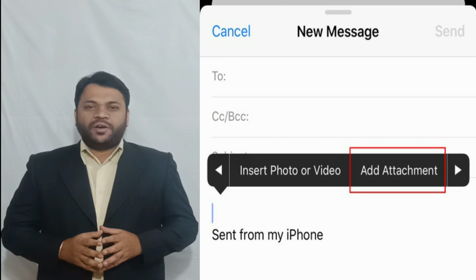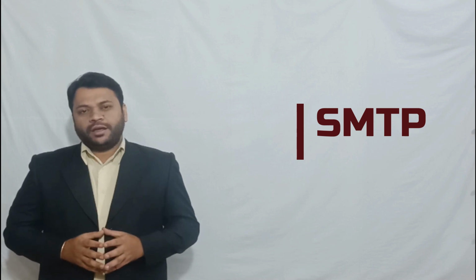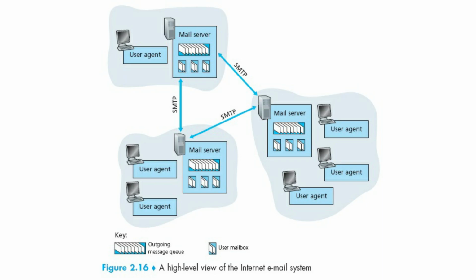In this video, we'll examine the application layer protocol, that is SMTP, that is at the core of the internet email. Before we go into in-depth discussion, let us see a high-level view of the internet mail system and its key components. The following figure shows a high-level view of the internet mail system.